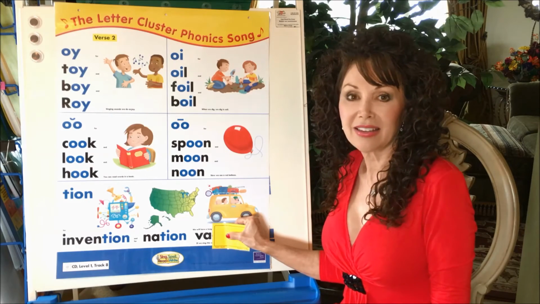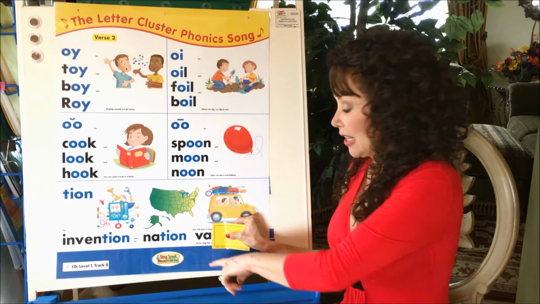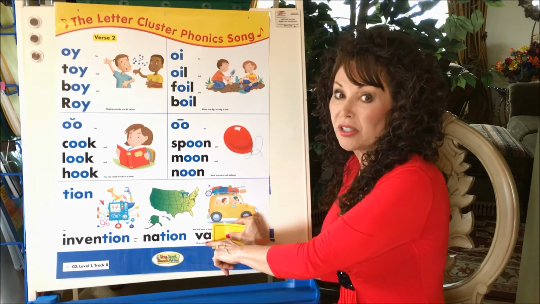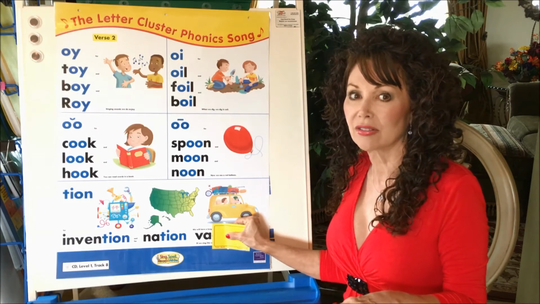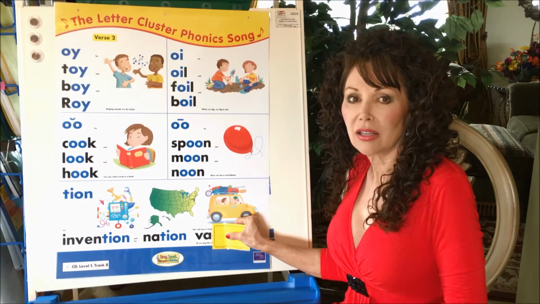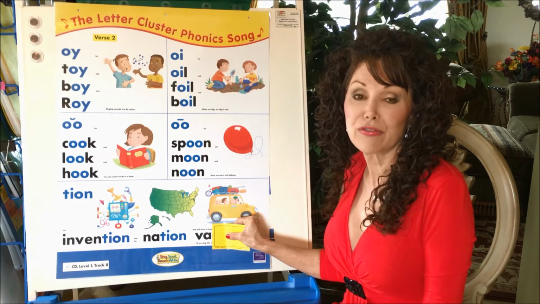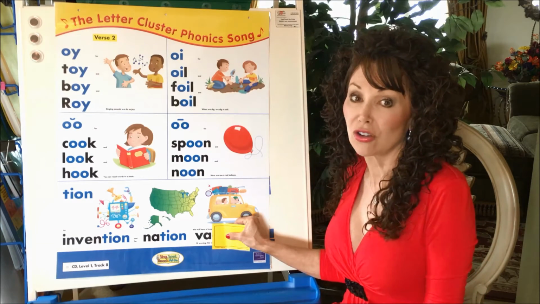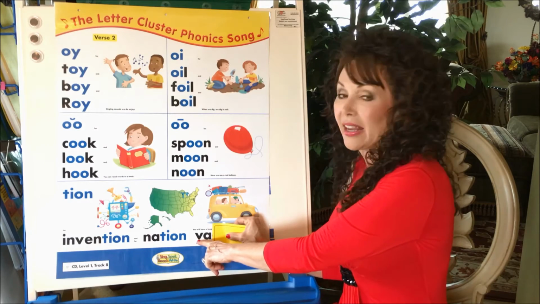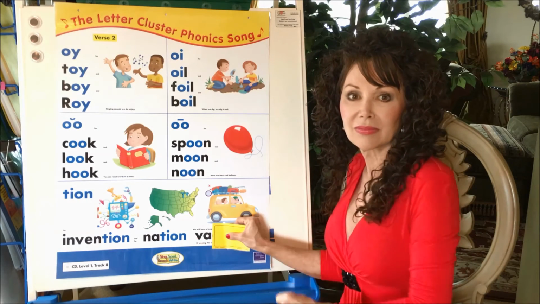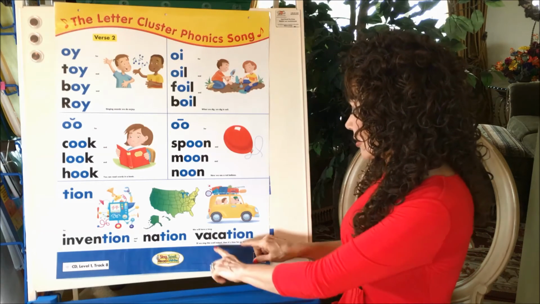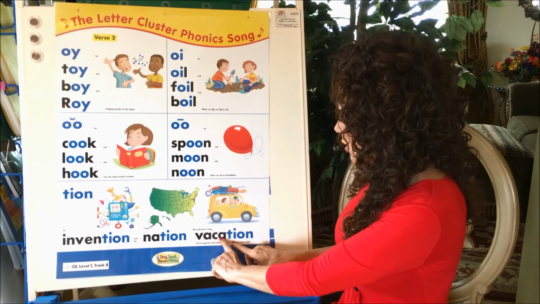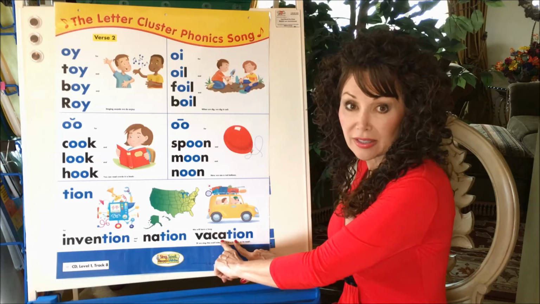Did you see it was an open syllable? So is it going to have a long or short sound? That's right. And in an open syllable, the vowel is usually long. So this is going to say, that's right, vay.